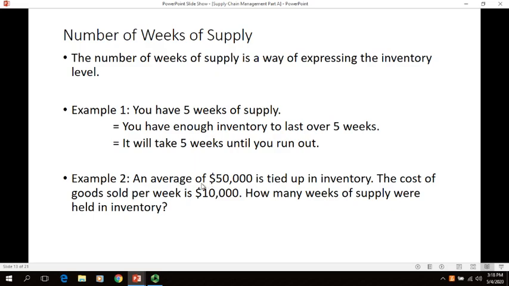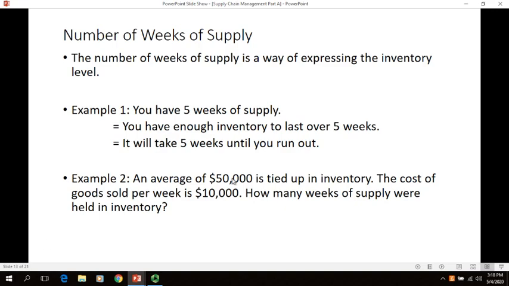Let's say an average of $50,000 is tied up in inventory. What does this number represent? This is the value of your inventory at any point in time. So this is AAIV. And the cost of goods sold per week is $10,000. How many weeks of supply were held in inventory? In other words, how many weeks does it take until you run out?